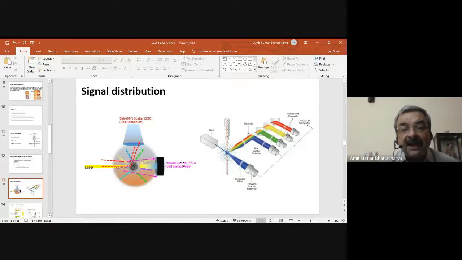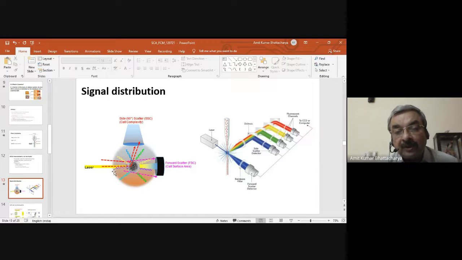So when you pass a cell through laser light, one of three things happens. One is that a portion of the laser light gets scattered, because every cell has a size, and the light hits its surface.